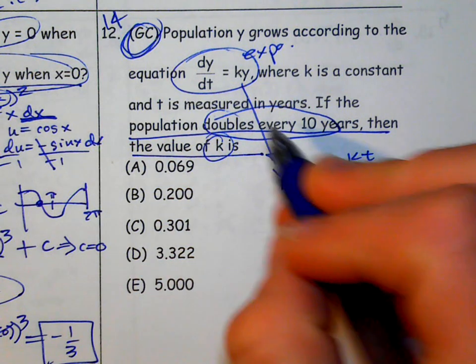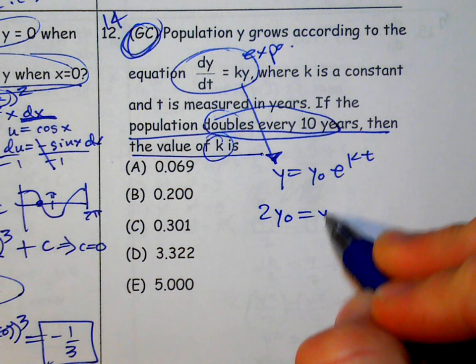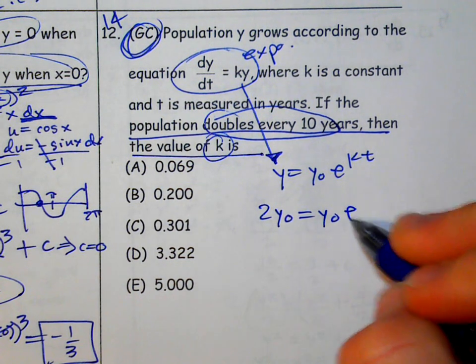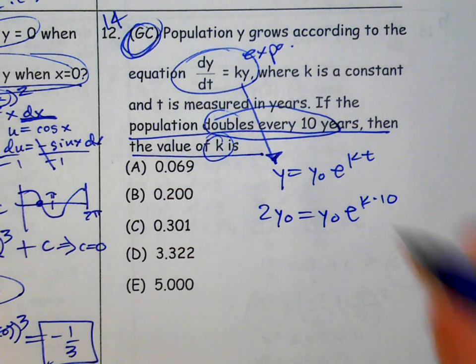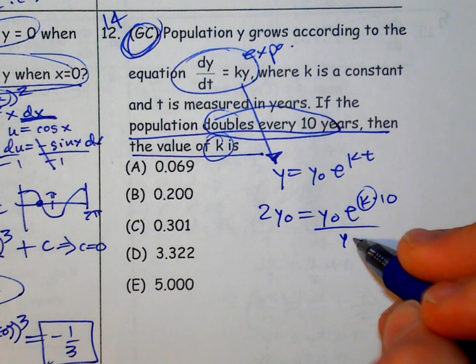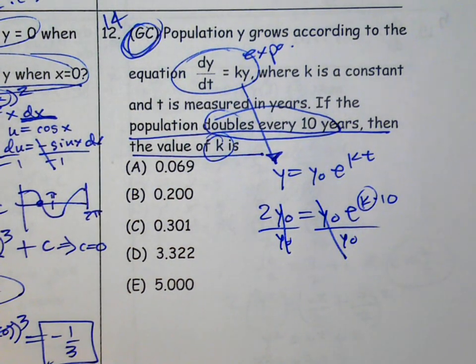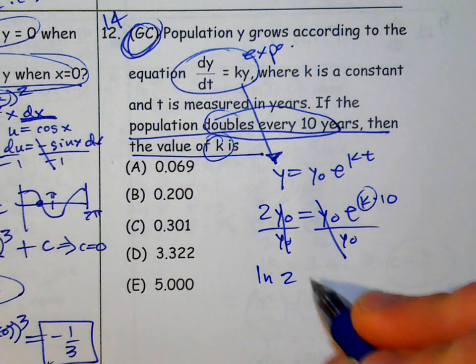So it's going to double. So in 10 years, we're going to have double the initial population. Now, remember, we're trying to find k, and we don't know y naught, but y naught cancels out. It's on both sides. So we're going to take natural log on both sides.